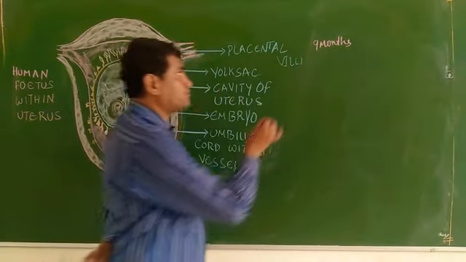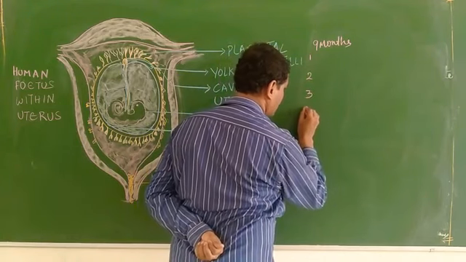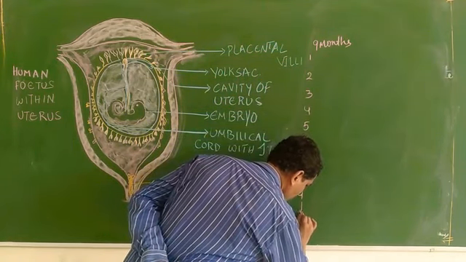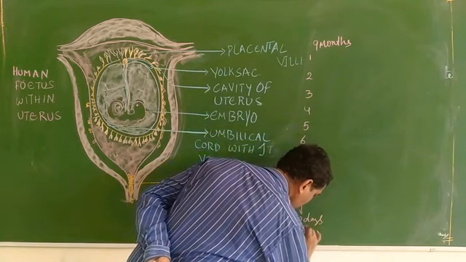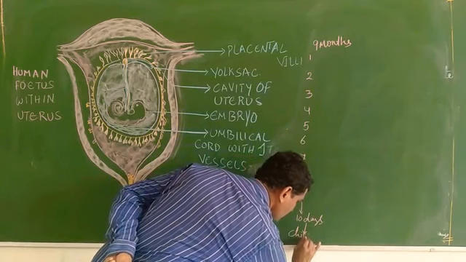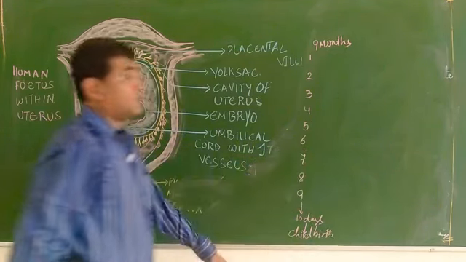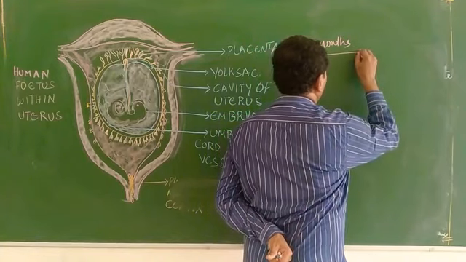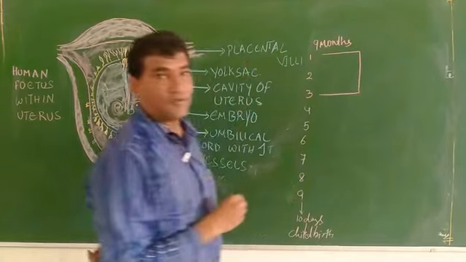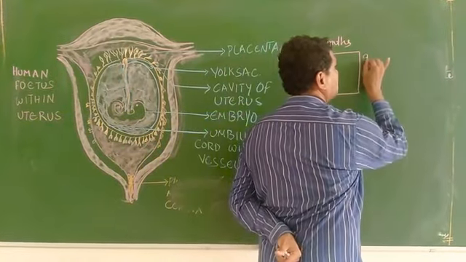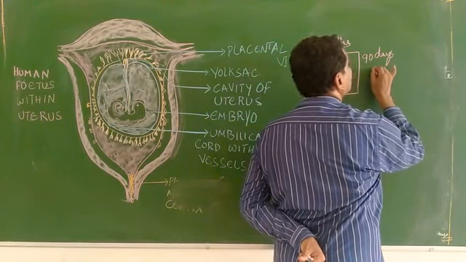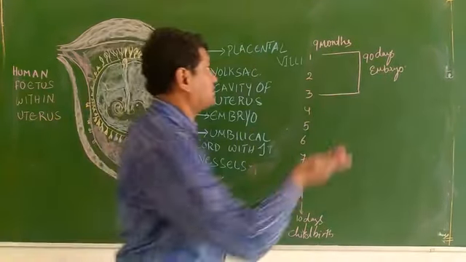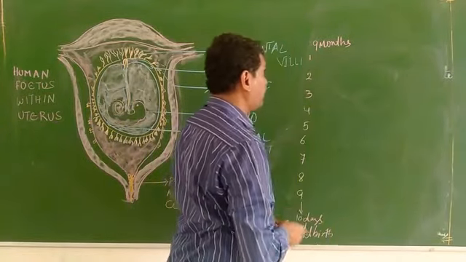In the first 90 days after fertilization, that is near to 3 months, this period is called the embryo stage.